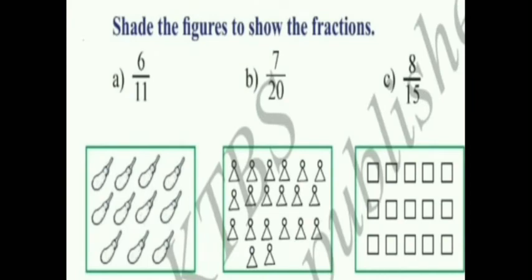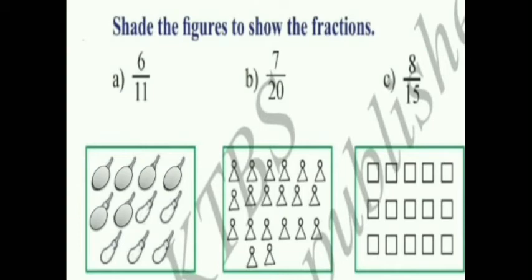Children, now we should shade the figures to show the fractions. First we have 6 by 11. Here the denominator is 11. So we have 11 brinjals. Then the numerator is 6. So we should color 6 brinjals. Next we have 7 by 20.